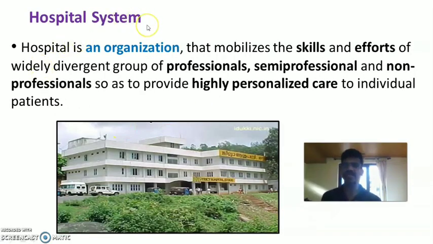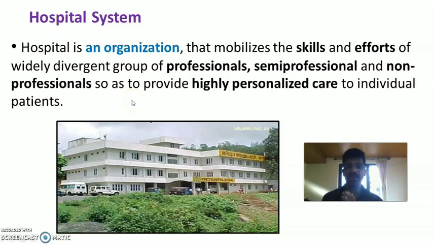Next is about the hospital system. So hospital is an organization. As per the hospital system concept, hospital is an organization that mobilizes and motivates the skills and efforts of widely divergent groups of professionals, semi-professionals and non-professionals.